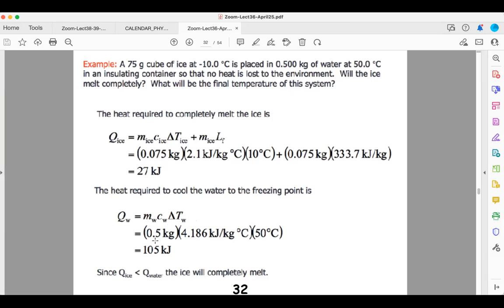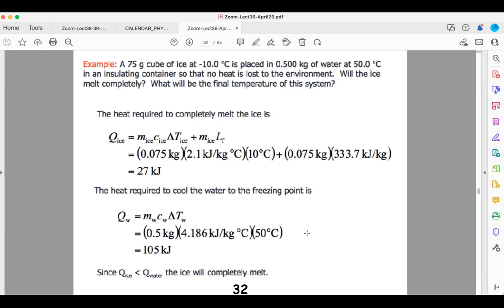So here what we have is 0.5 kilogram multiplied by C of the water, delta T. Delta T is T initial minus T final. In this case, we have 50 degrees minus 0, because it will go to 0 temperature, which means, if I do all the calculation, it is 105 kilojoules.